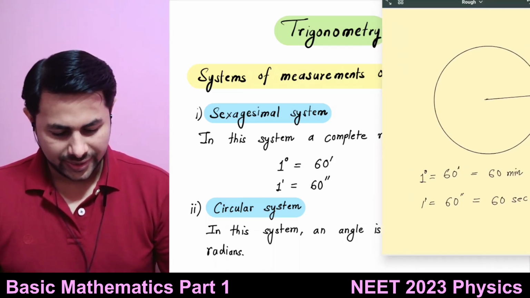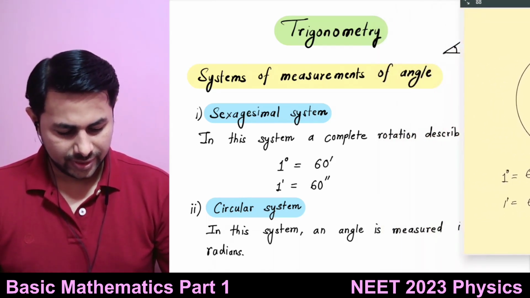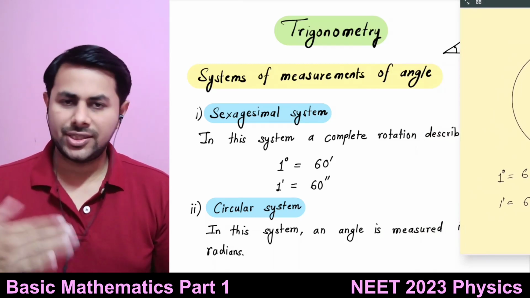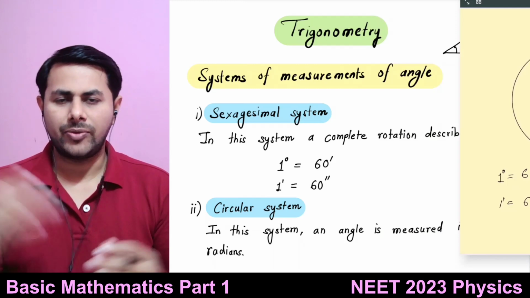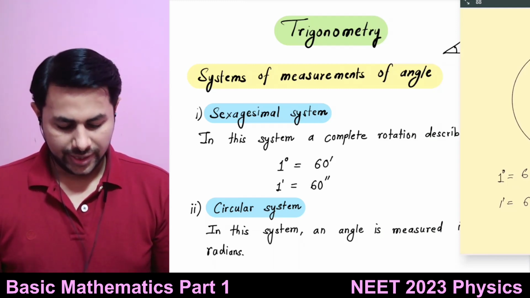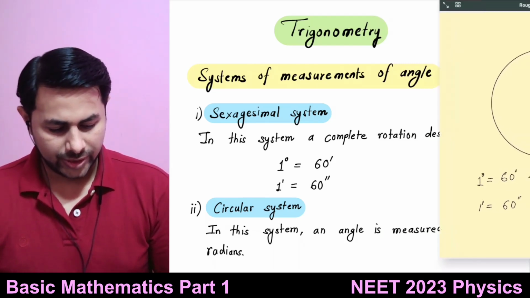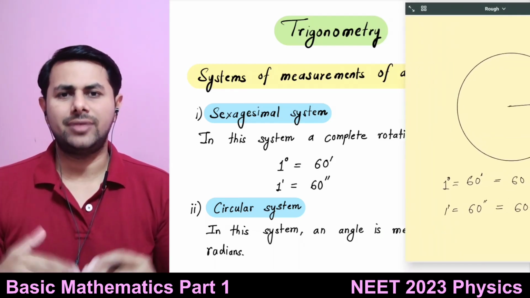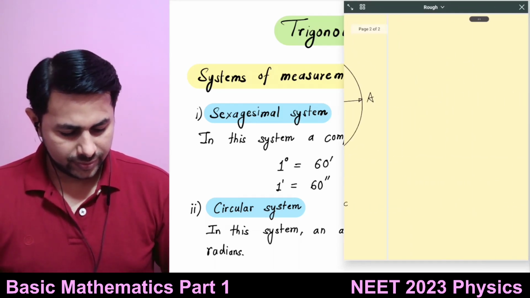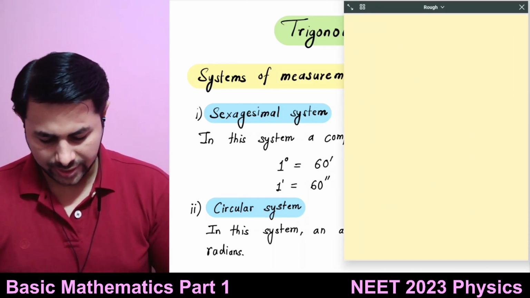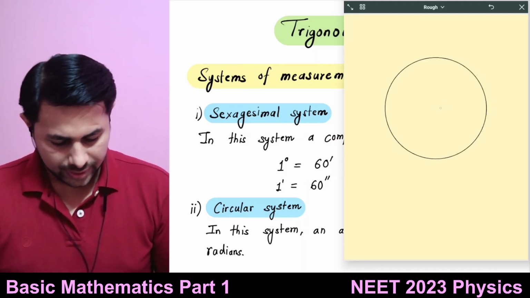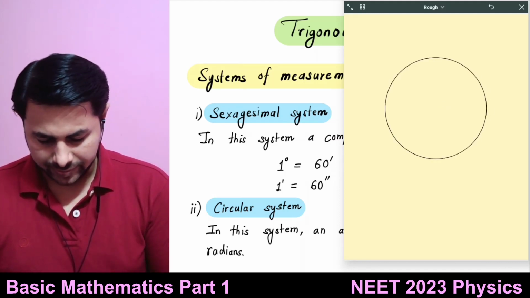Then there is the second system, known as the circular system. In the sexagesimal system, the rotation over a circle is called 360 degrees. In the circular system, we measure the angle in terms of the length of the radius. Let's take a circle again, and let's take an arc of this circle.